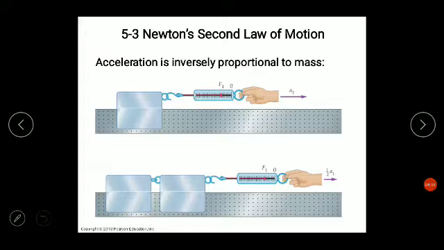Okay, the first figure has only one object being pulled. The second figure has two objects being pulled by the same force, but the acceleration is half of the first.